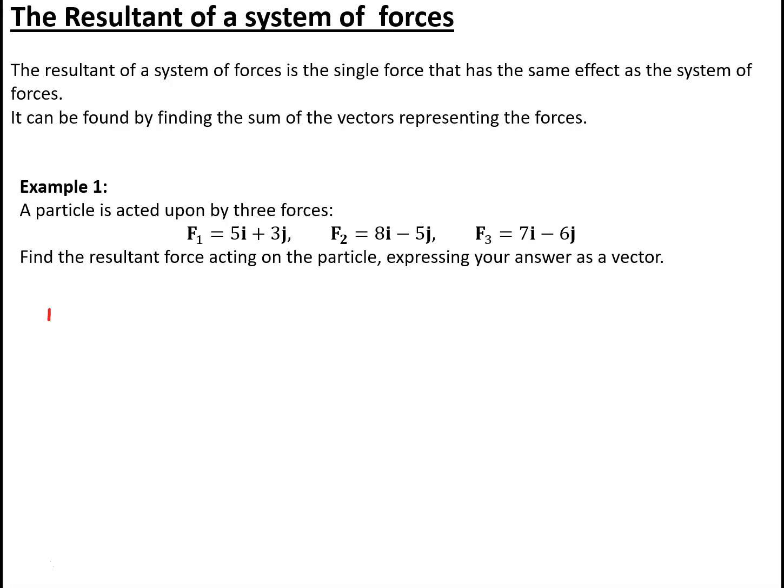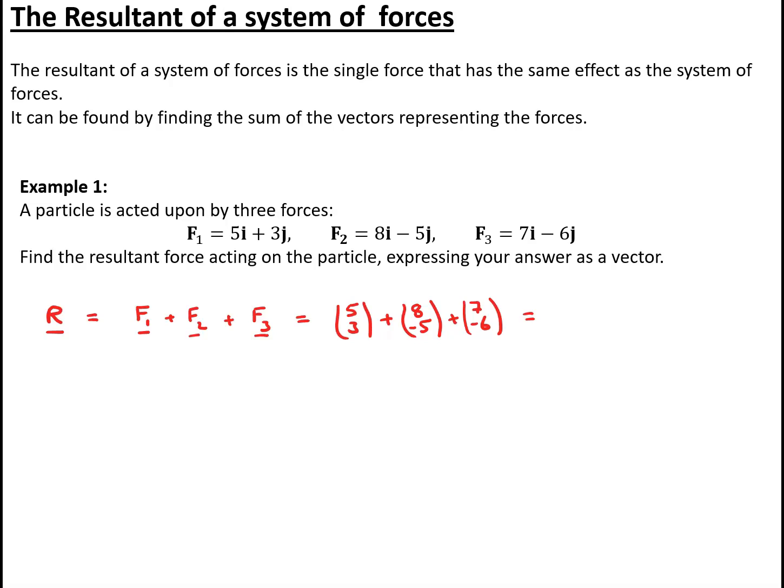Then all we need to do is say that the resultant force is the result of adding the vectors F1, F2 and F3. We know that F1 is the vector (5, 3), F2 is the vector (8, -5), and F3 is the vector (7, -6). So when we add those three vectors up, the x components are 5, 8 and 7, which add up to 20.